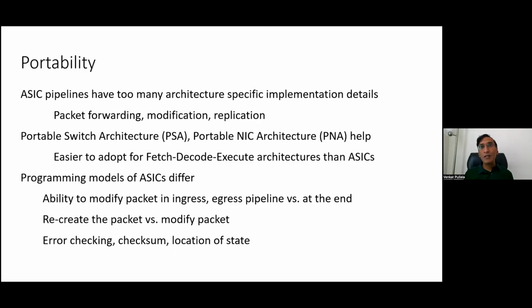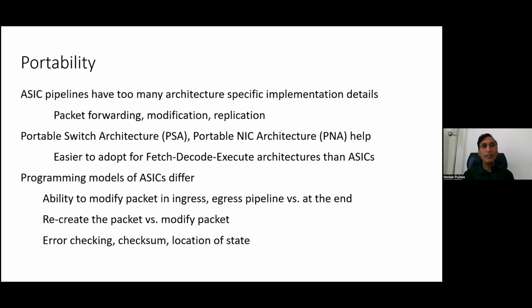Is it something that you can abstract out and then implement on any hardware? Maybe yes, but there are inefficiencies in that. If you're keeping all the metadata till the end of the egress pipeline, then the bus widths that you need to carry through ingress to egress, and even through the ingress itself, start becoming costly.